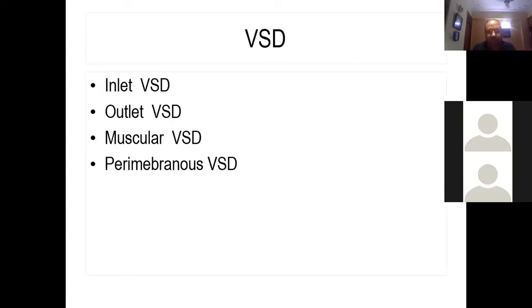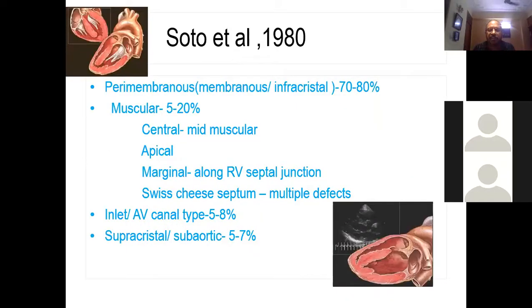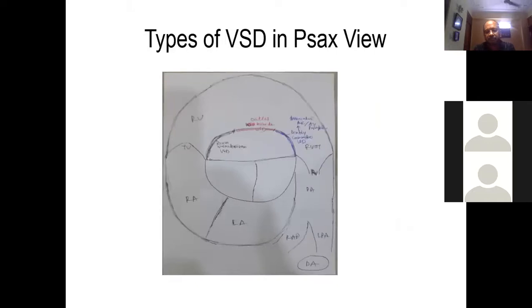What kinds of defect is a ventricular septal defect? I'm not going to confuse you; I'll try to make it very simple, as shown by this slide I made myself. The most common VSD in our day-to-day practice is seen when we look at a short axis view. Before classifying VSD into classes, I always look at this short axis view.